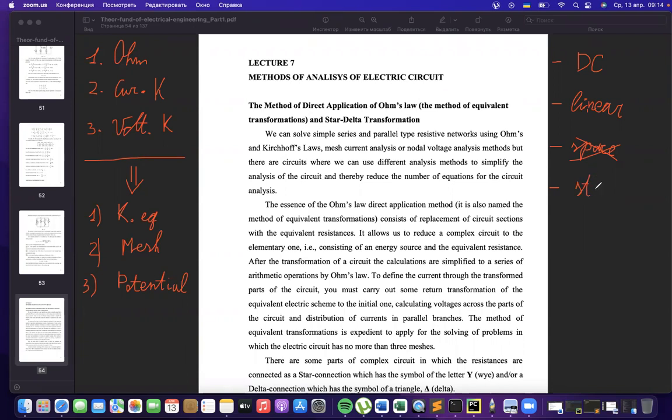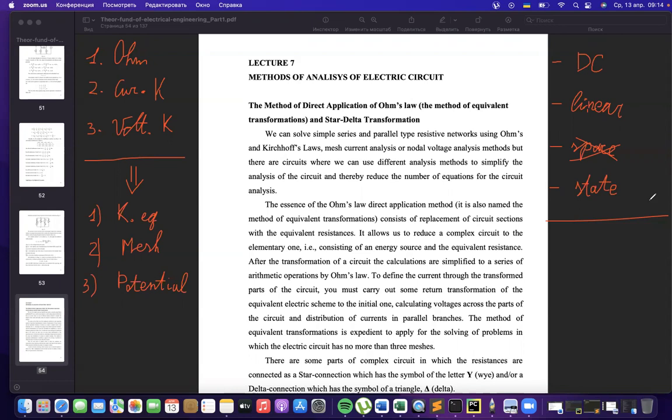It is just called steady state process. I think that's all. Those are our main assumptions.